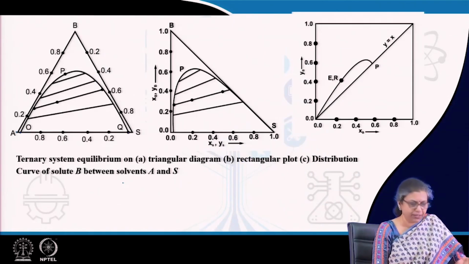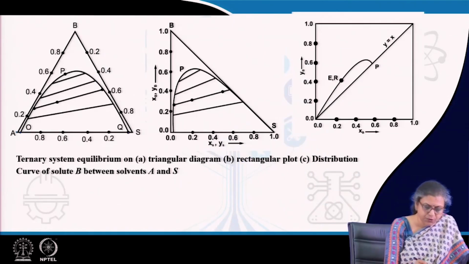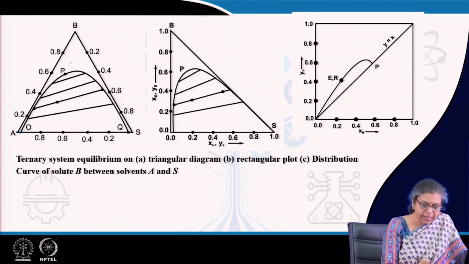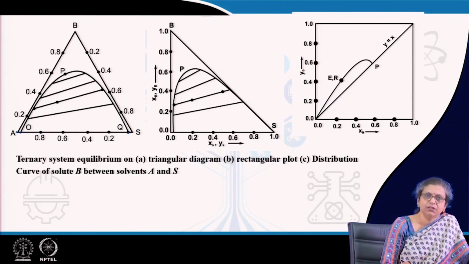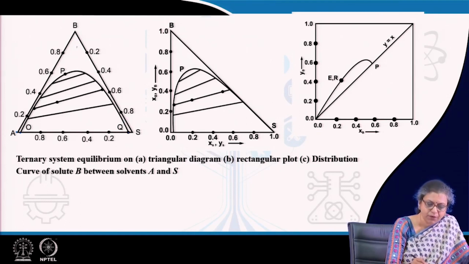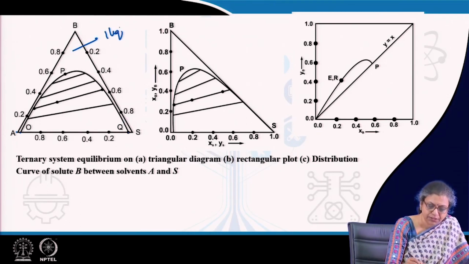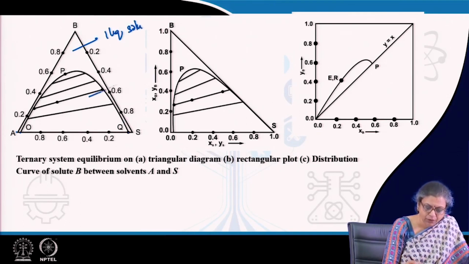Same thing I show here also. Outside this range we have A, B and S miscible in all proportions, and therefore we have one liquid solution here and we have two liquid solutions here.